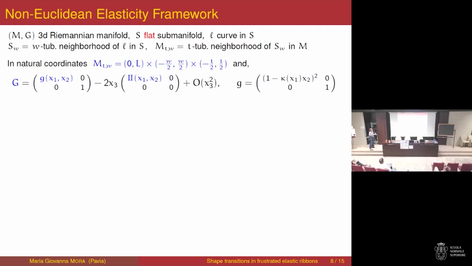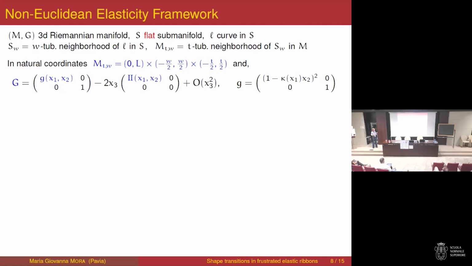In these natural coordinates, the metric has a nice expansion where you can identify the two tensors that will play the role of the target metric and of the target curvature. Here, for simplicity, I assume that the mid-surface is flat, so it has no Gaussian curvature. This is for simplicity, but also because in this case, we have more complete results.